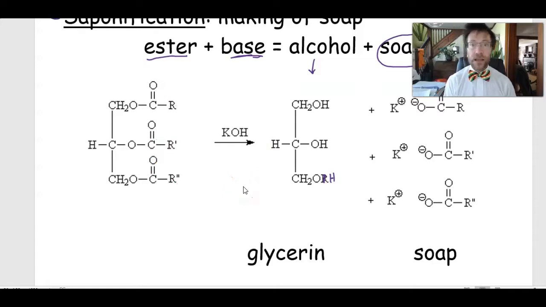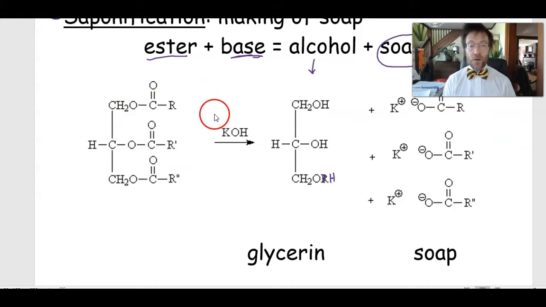The only difference between olive oil and coconut oil or peanut oil is what these 3 things look like. Also, whether it's bacon fat or beef tallow or whatever, it just depends on what these 3 R groups are. Human fat is very much the same thing. We have this sort of staple part here and 3 different hydrocarbons. That's what a fat is.